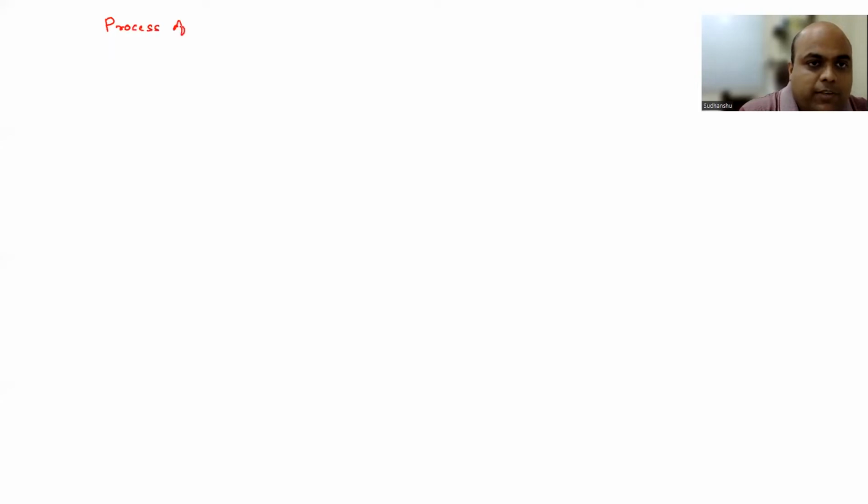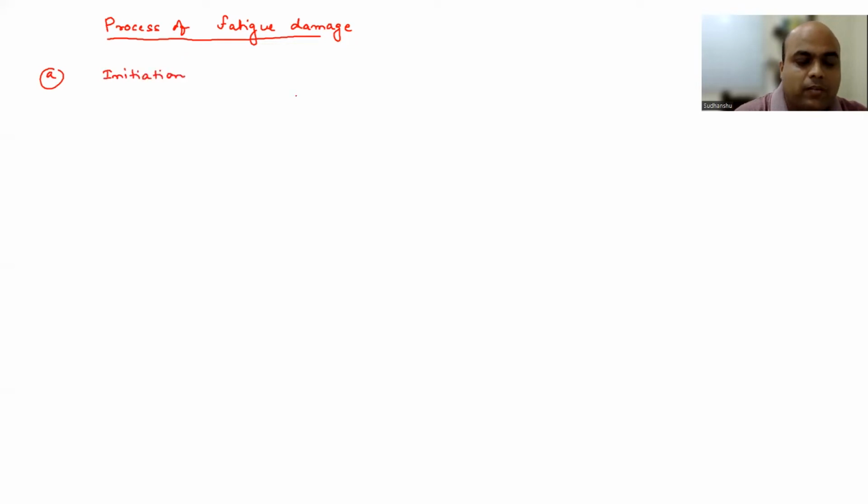So we'll talk about the process of fatigue damage. Okay. So we are going to have initiation, okay, and then propagation. So first, the fatigue crack has to initiate, and once it has initiated, it has to propagate, which will lead to the fracture of the sample.